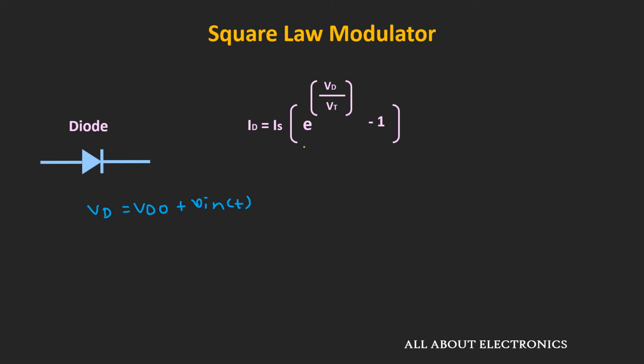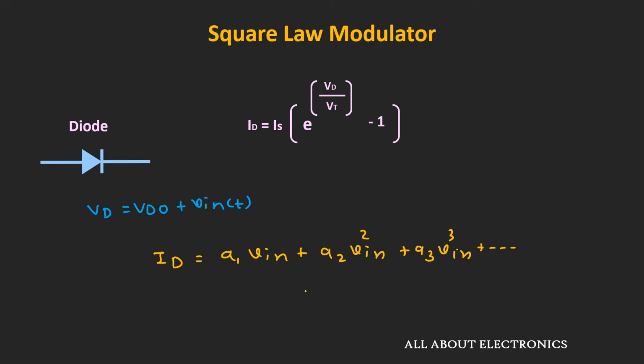Now when we expand this diode current using the Taylor series around this VDO, we can write the diode current ID as A1 times Vin plus A2 times Vin square plus A3 times Vin cube plus so on. When the applied input signal is very small, we can neglect the higher order terms.